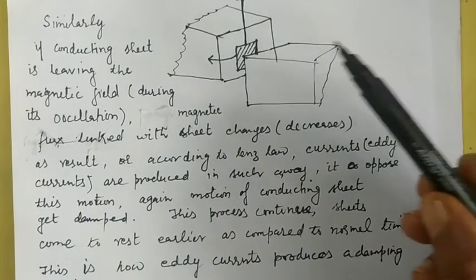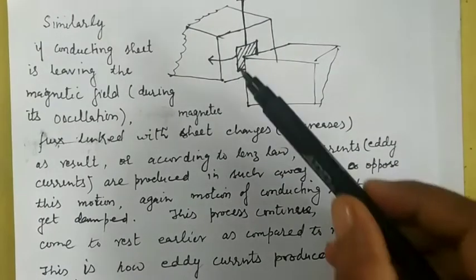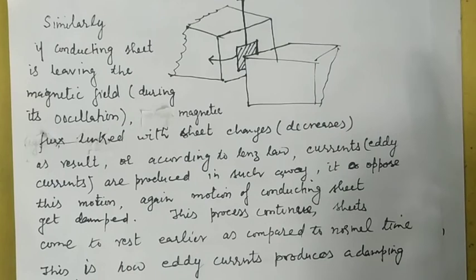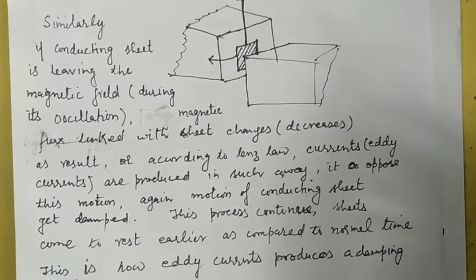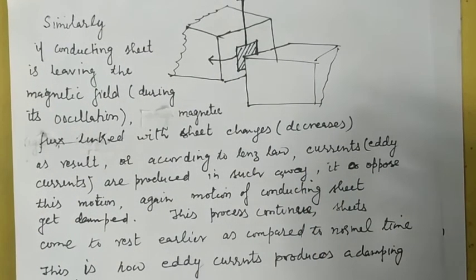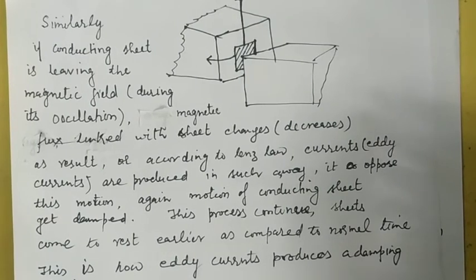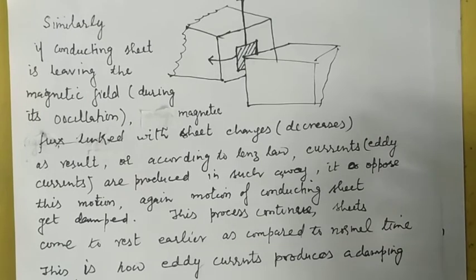Now, similarly, suppose this is your conducting sheet and this conducting sheet is leaving the magnetic field. Again, the magnetic flux linked with this conducting sheet decreases. As a result, circulating currents are produced, and according to Lenz's law, they are produced in such a way that they oppose the motion.